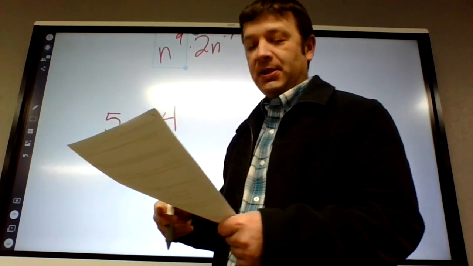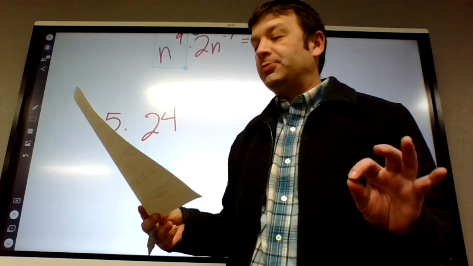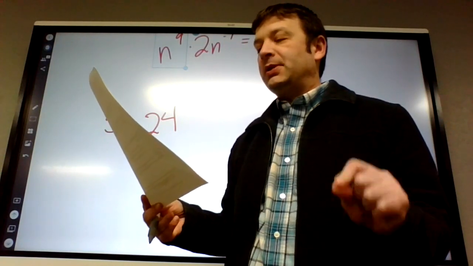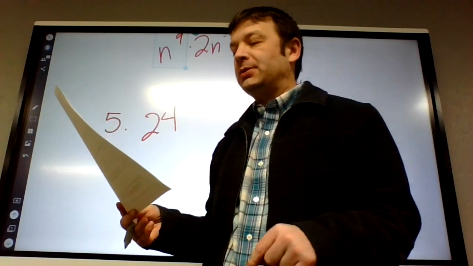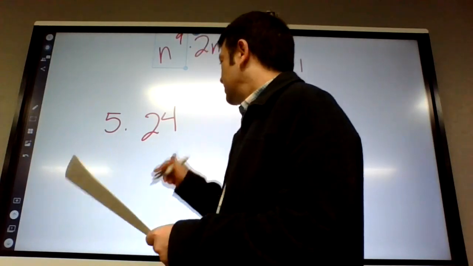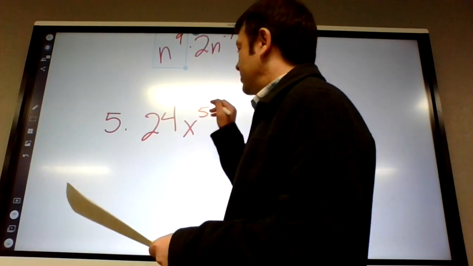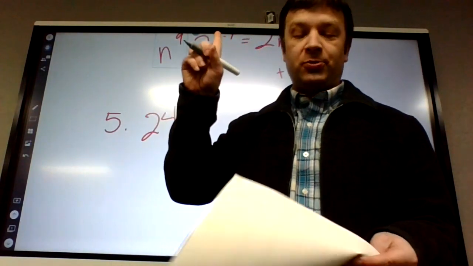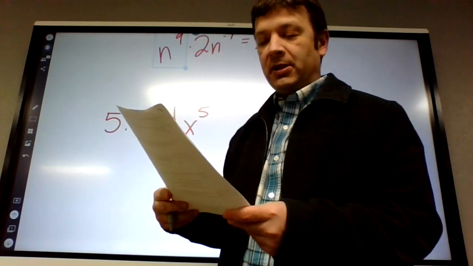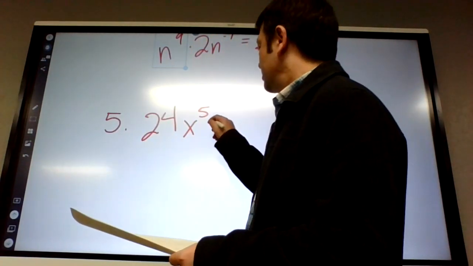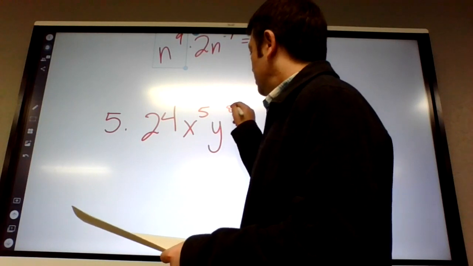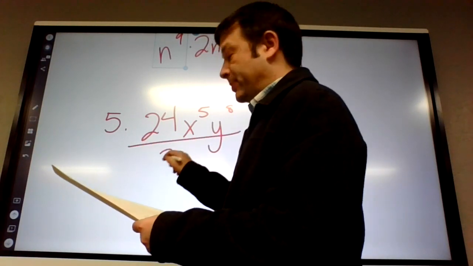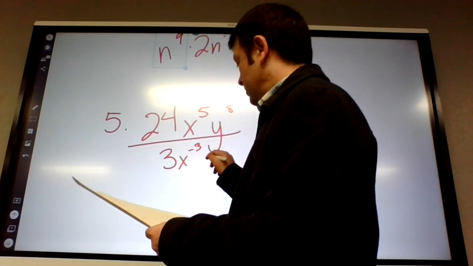And then we'll save the denominator for last. What's x2 times x2 times x? X5. Yes, just add them all together. Remember when it says x, that means it's x to the first. And then y4 times y4? Y8. Okay. And on the bottom, we got this stuff.